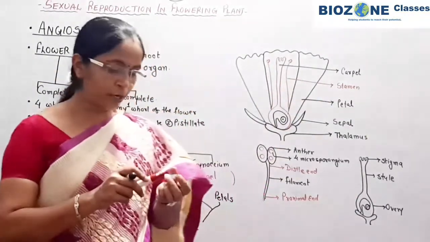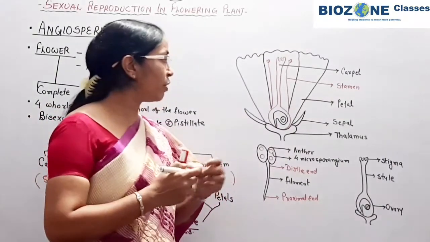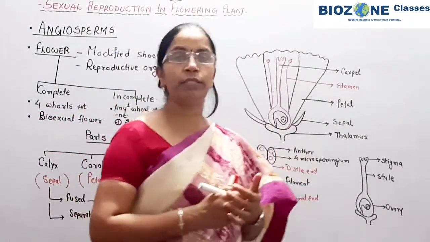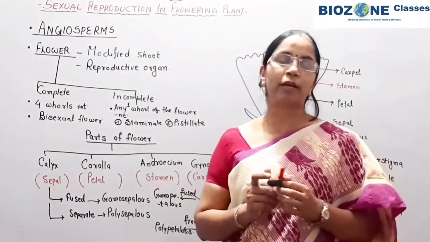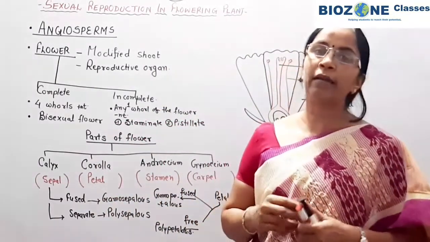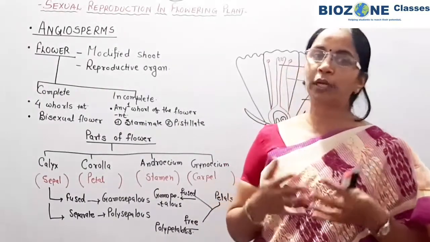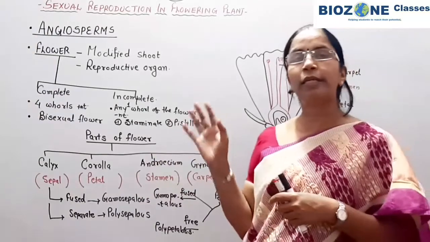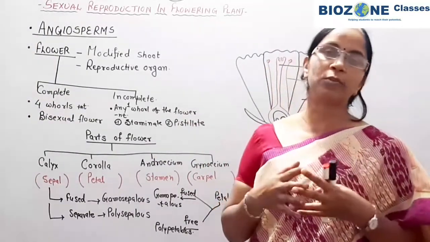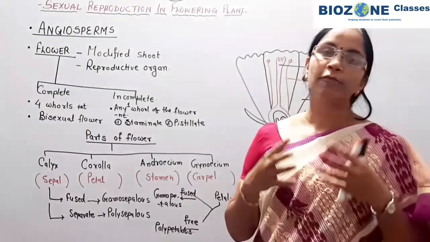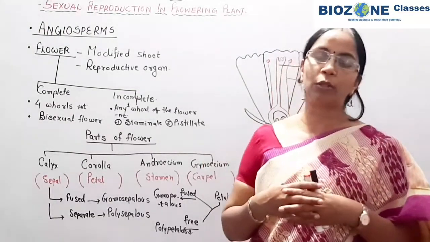So this much you remember, and in the next session we will begin, because we study slowly, one step at a time. If we cover many topics in one session, it is okay for my side, but for the students, because you study all these things for the first time, and secondly class 12th is most important for your examination, so slowly you read all those things.